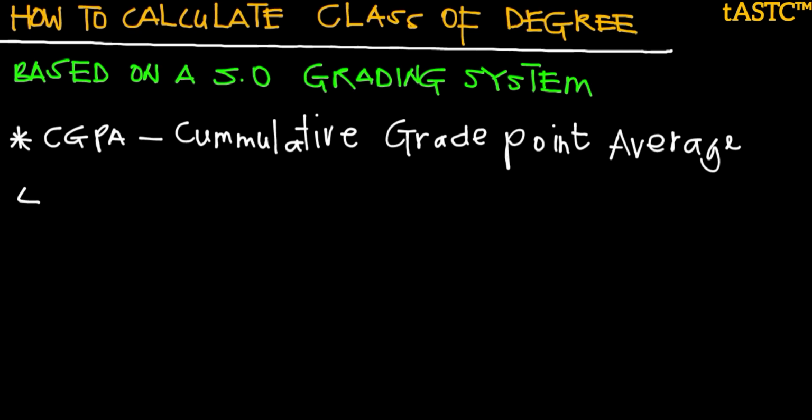Now the first one is the first class CGPA. If you had a first class degree, that would be within a range of CGPAs from 4.50 to 5.00. This is a first class CGPA.